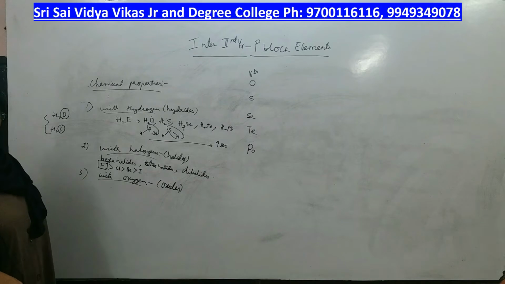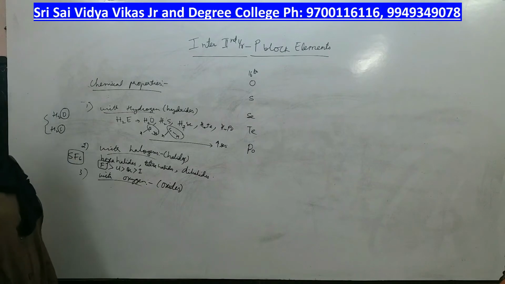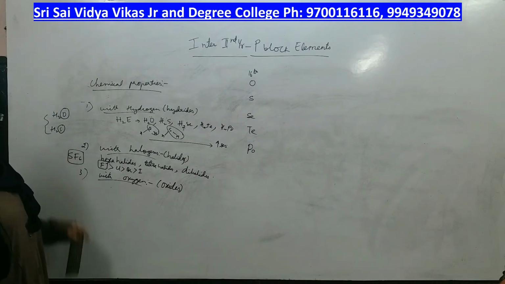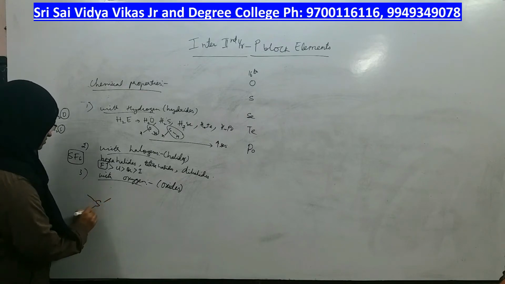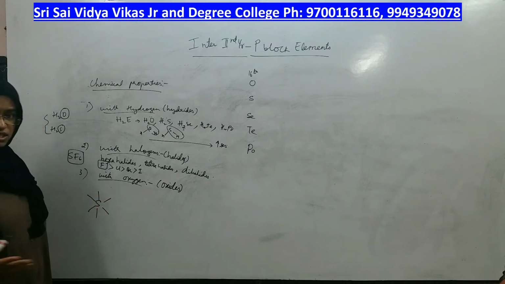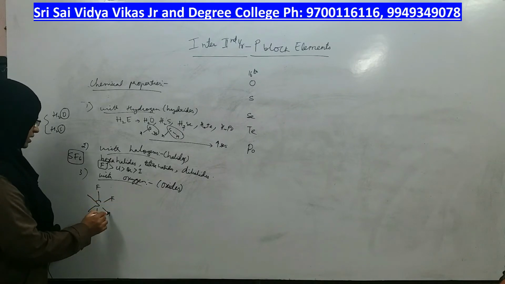Hexafluoride example can you give? That is SF6. Sulfur hexafluoride is very common, which has octahedral geometry. Octahedral geometry we have seen in coordination compounds, with sp3d2 hybridization.